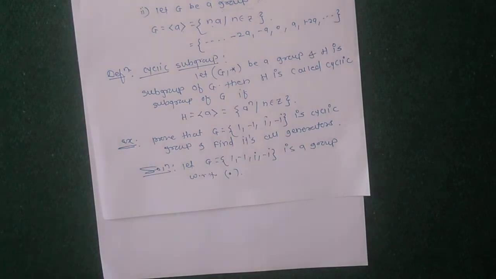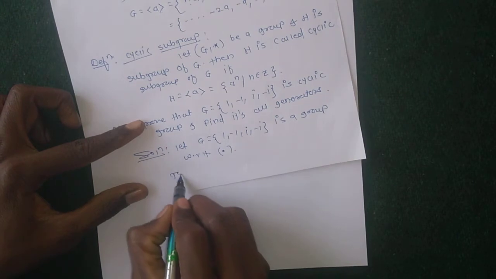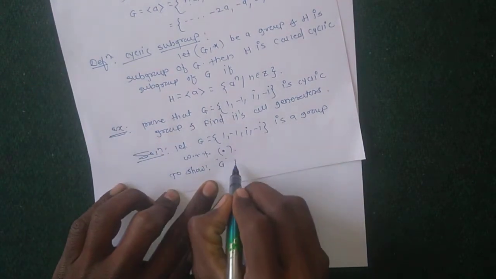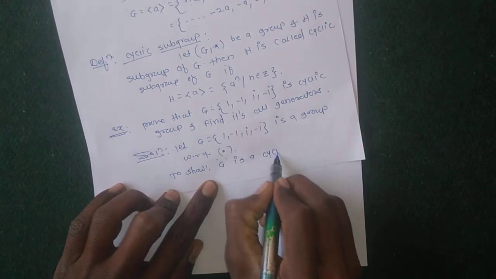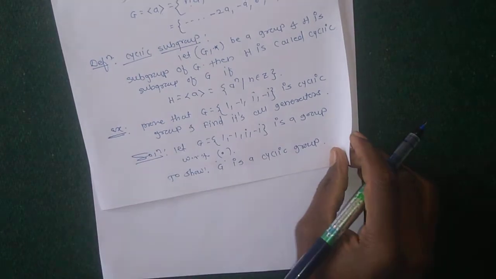To show G is a cyclic group, we need to find a generator of G. So how do we find the generators here?